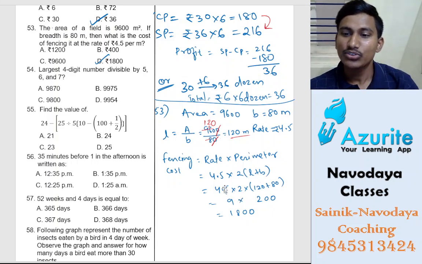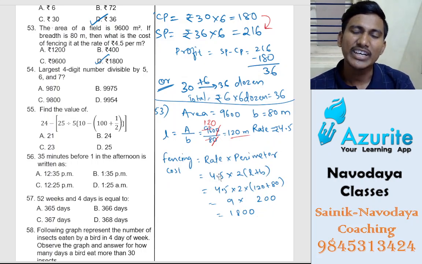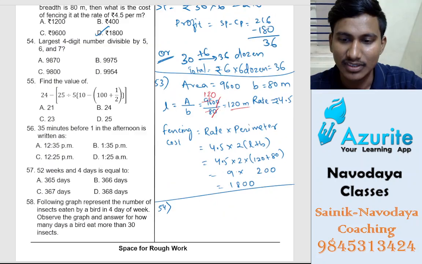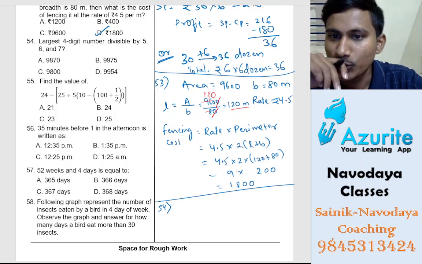We have to multiply rate 4.5 into 2, double of 4 and half will be 9, right? And length plus breadth is 120 plus 80, which is 200. So 9 2s are 18, and 2 zeros, 1800 is the cost. Okay, understood? So see here, 54 question will solve.